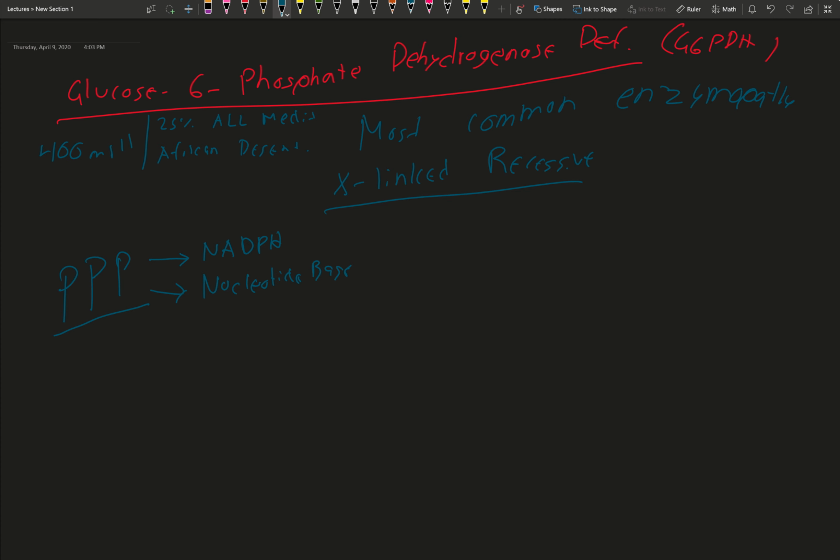We don't really care about the nucleotides at this point, so we're more concerned about the NADPH in reference to this disease.